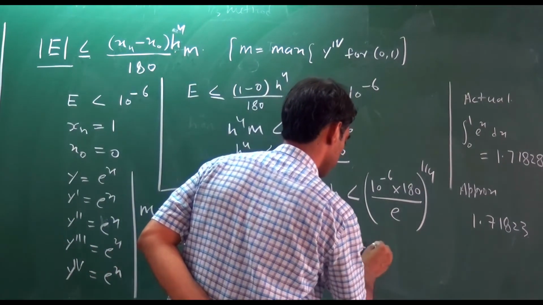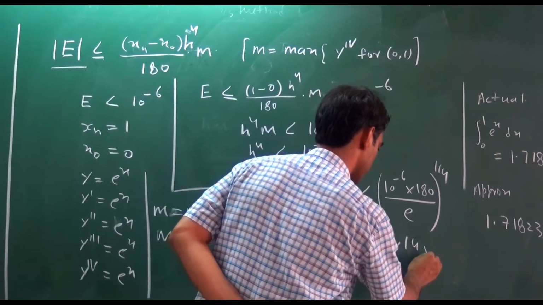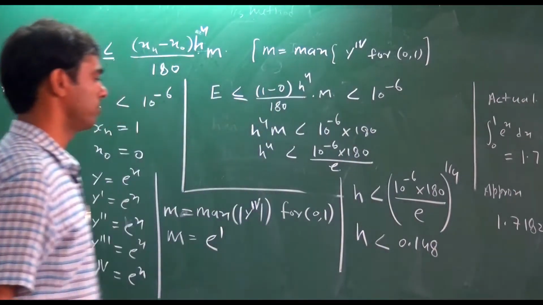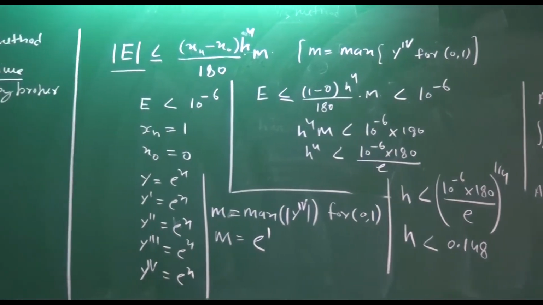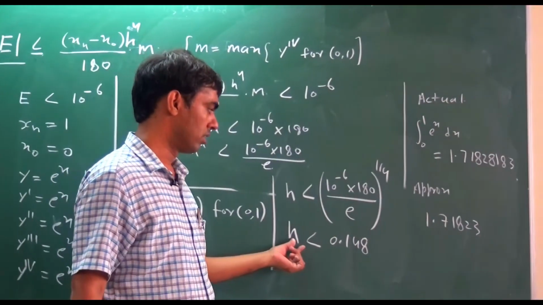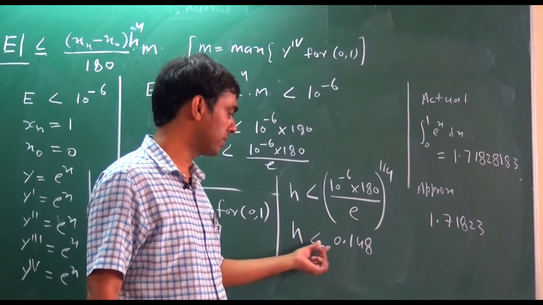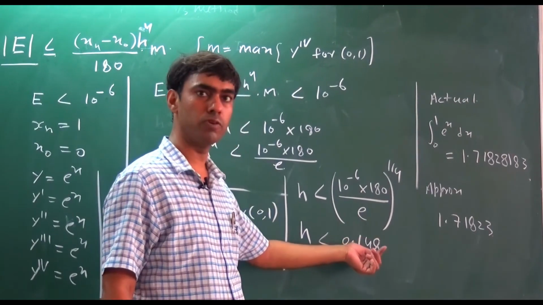H is 0.148. So with the help of this expression, we are able to find the value for h. What is the value for h? H must be less than 0.148.